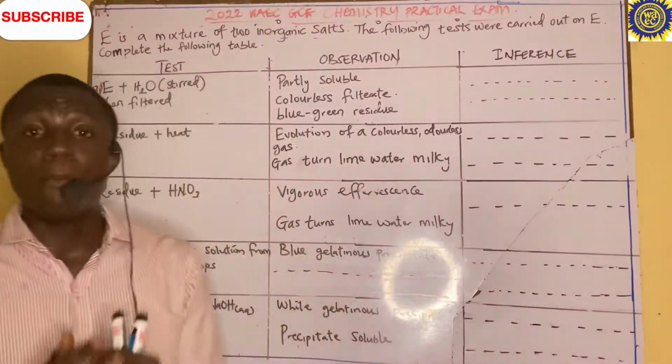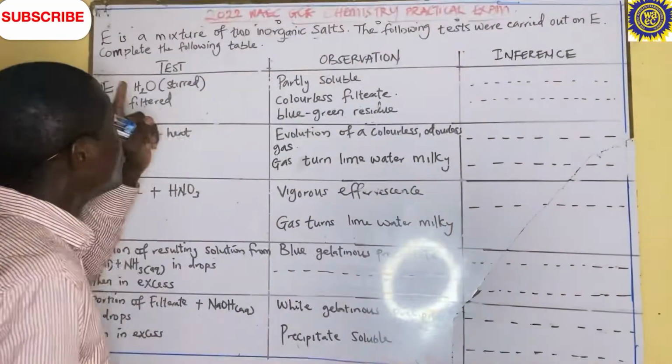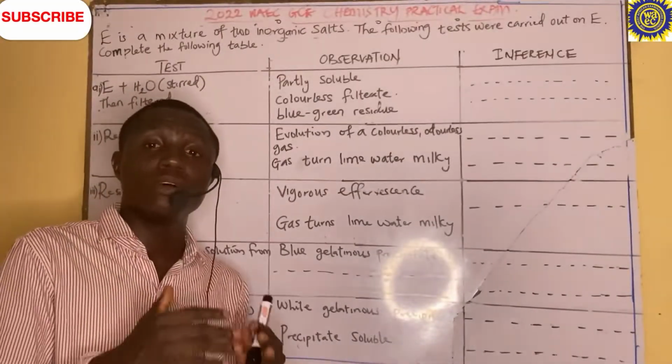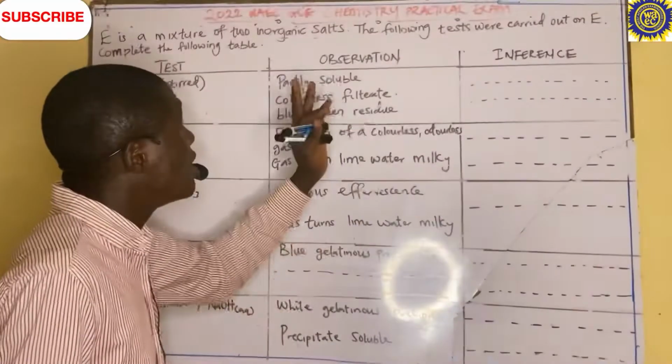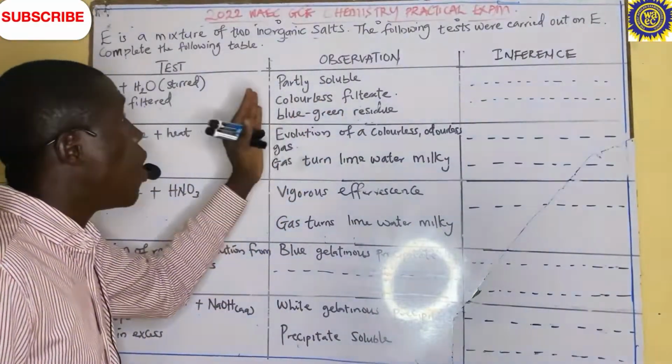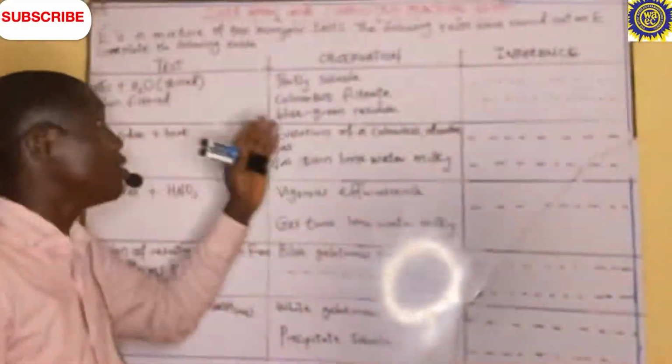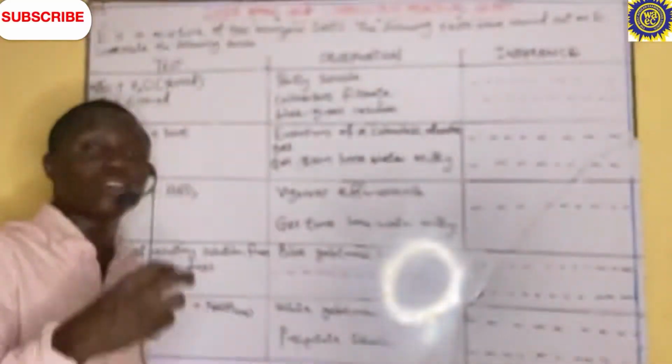Now, I've done a tutorial on volumetric analysis, which is one of the questions you are likely to meet as question number 1. So we are going to be considering the second part of the questions in chemistry practical, which is qualitative analysis.